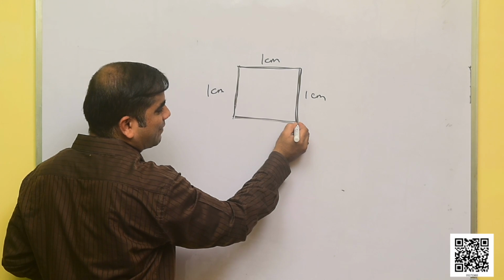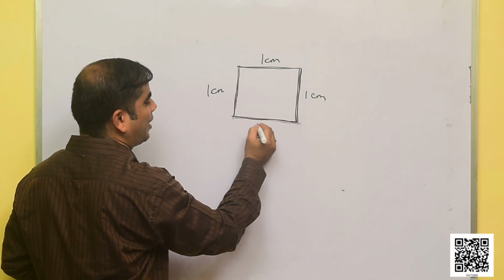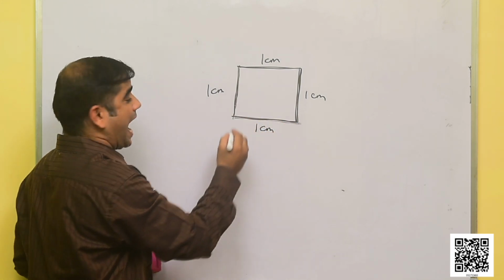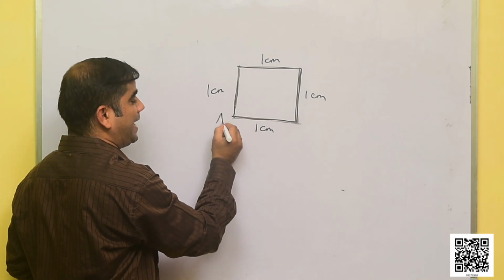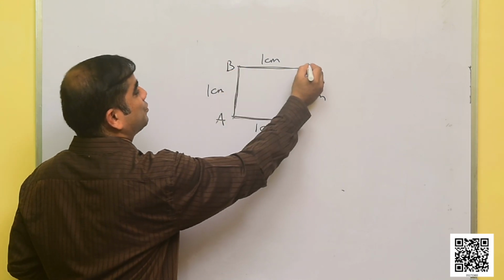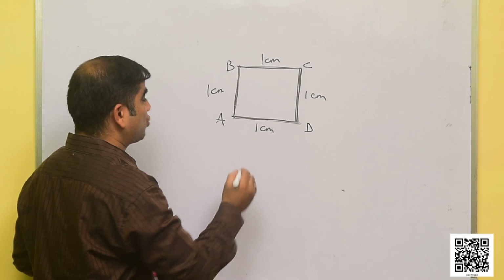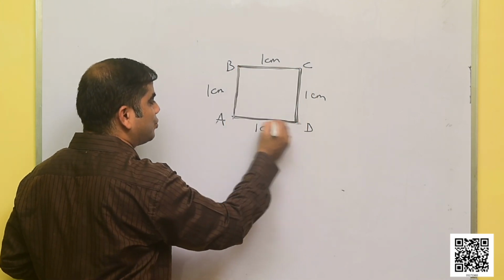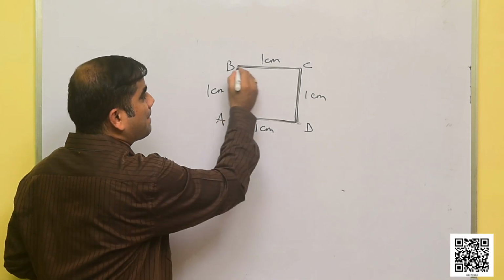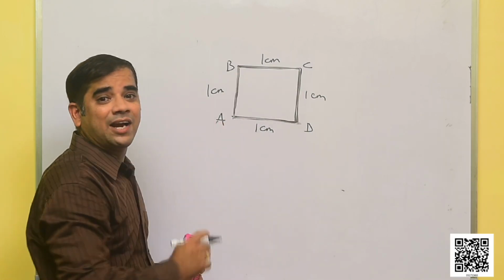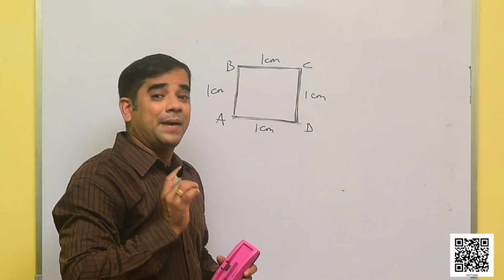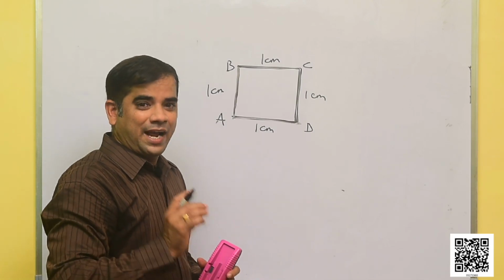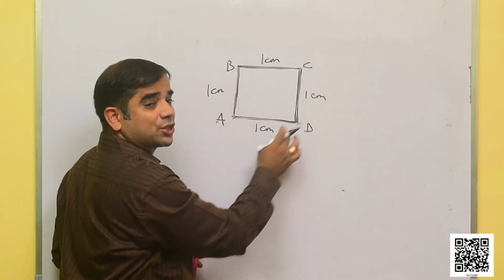Again I come back from this point to this point, 1 centimeter. So I have started from point A to point B to C and D. So I am going from A and coming back to A. This is the boundary of this square, which is also called perimeter.